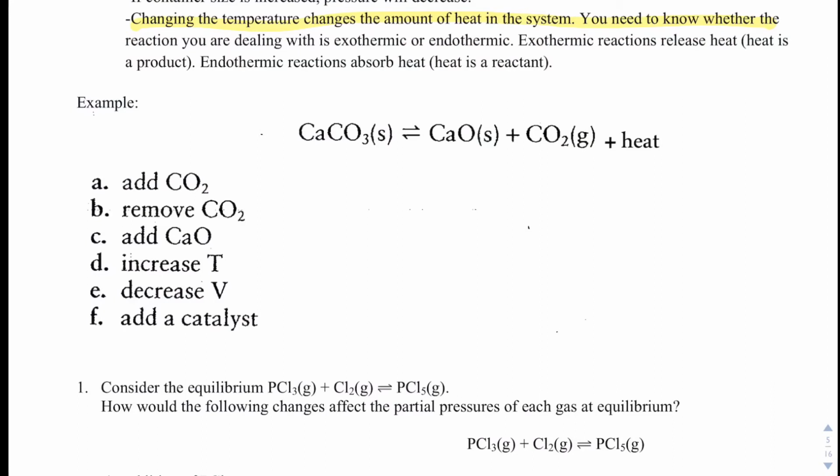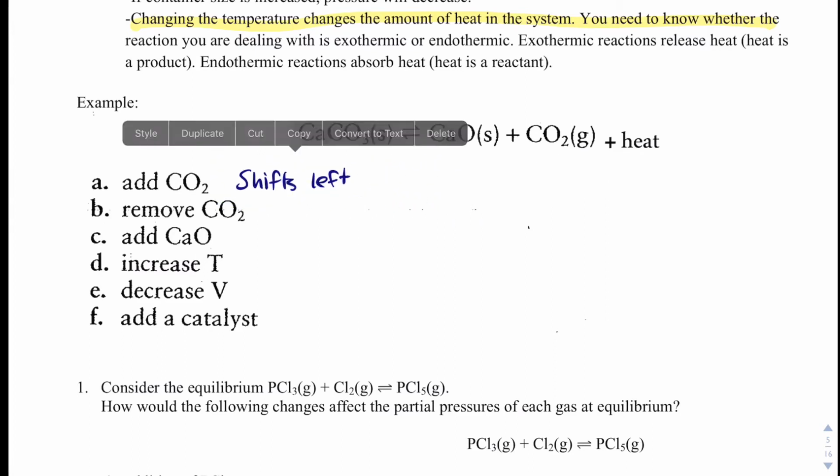So let's see what this looks like. If we add some CO2 here, we can think about the amount of CO2 as having increased. Our reaction is no longer at equilibrium, so we need to shift away from CO2. The only way this reaction can shift away from CO2 is if it shifts left, because CO2 and calcium oxide would react to decrease the amount of carbon dioxide that we have.